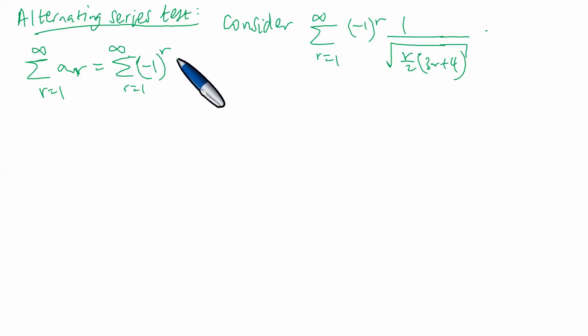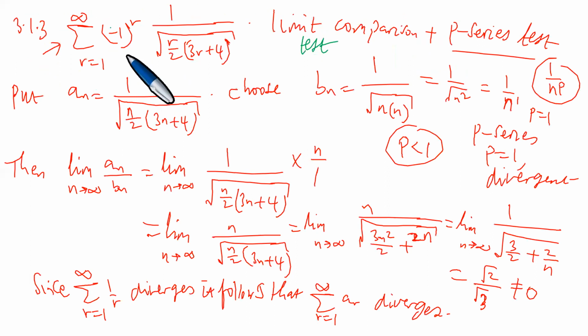Why are you using the alternating series test? We are using the alternating series test because we found that it is divergent, but it is alternating. Right.